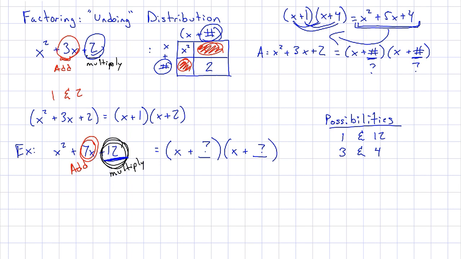And we have 2 and 6. And that should be all of the values that when you multiply them, they all equal 12. And then the question remains, of these three possibilities, which ones add up to 7?